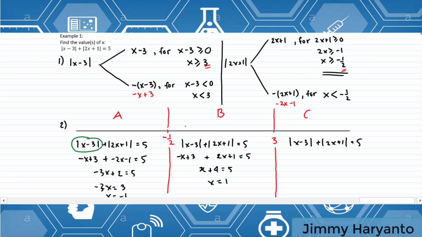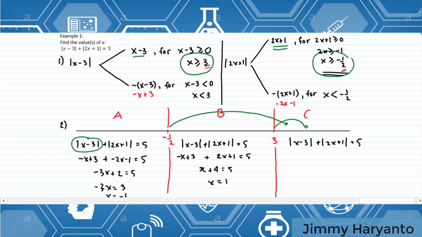And the last one is for C. C is on the right side of negative half and on the right side of 3. So we mark x greater than negative half, since it's on the right side of negative half, and x greater than 3.